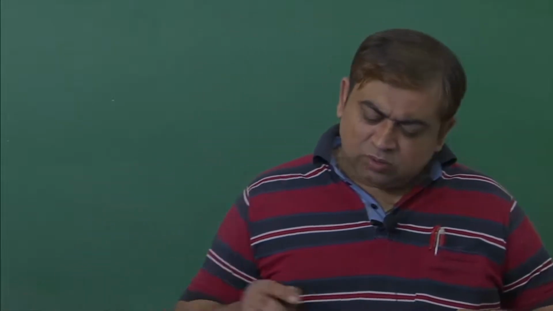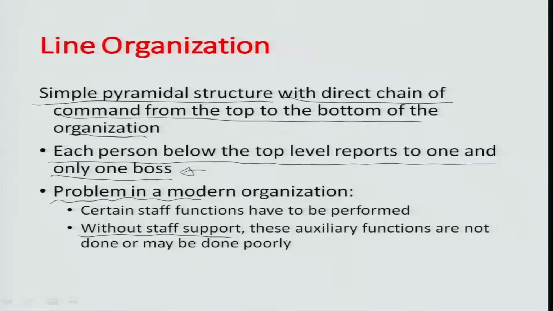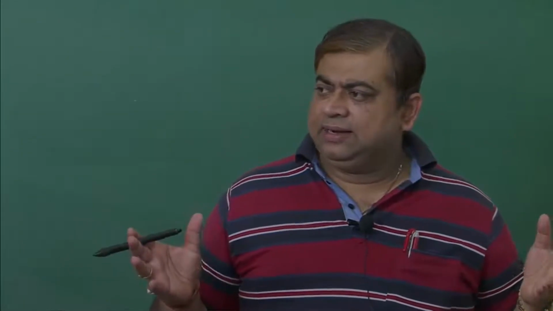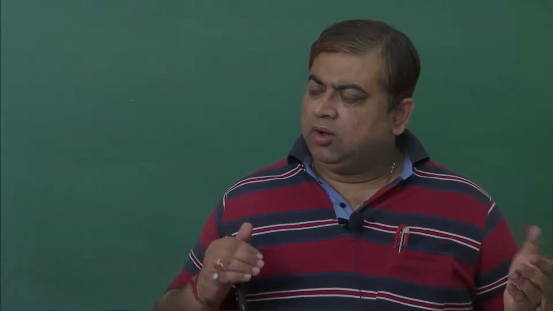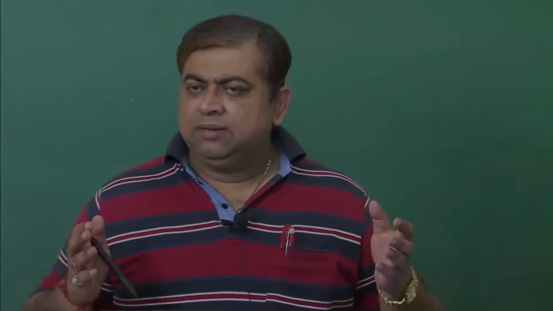For example, without staff support, any of the so called higher ups in the organization may not be able to run the show and there needs to be some staff support at every level. So, just reporting of several people to one person may not really be the only thing needed, but some other support staff in each level is also needed.